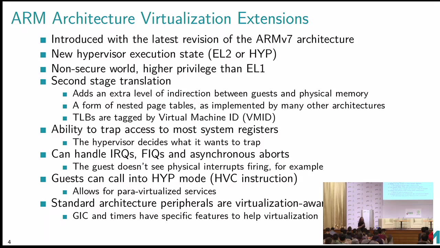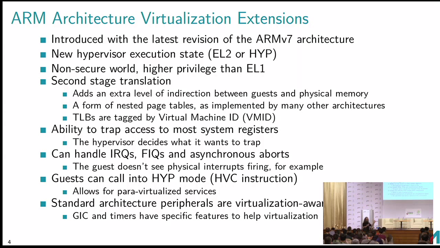Second stage translation. You can think of it as a second MMU, a second set of page tables. That gives you an indirection between what the guest sees as its physical memory and what is actually the physical memory. It's a double level of virtual indirection. So that's basically nested pages.